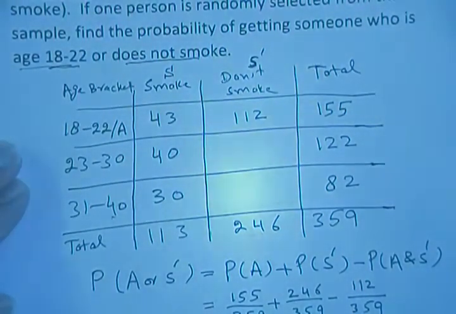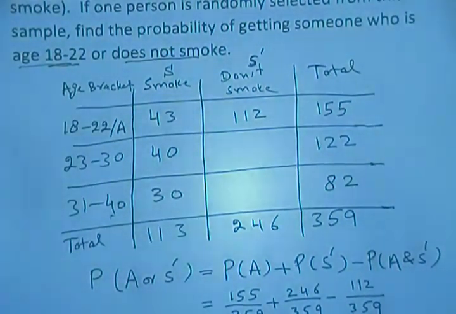And now we just add and subtract, and that would be our answer. The denominator is 359 for all of them, so add 155 plus 246 minus 112, and this would turn out to be 289.